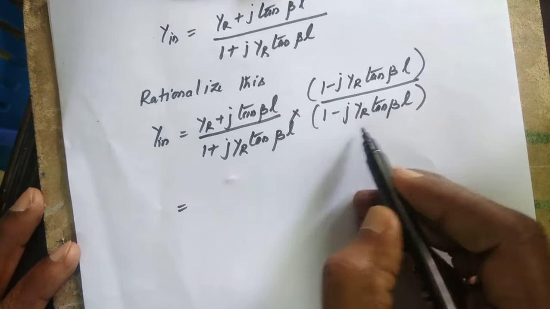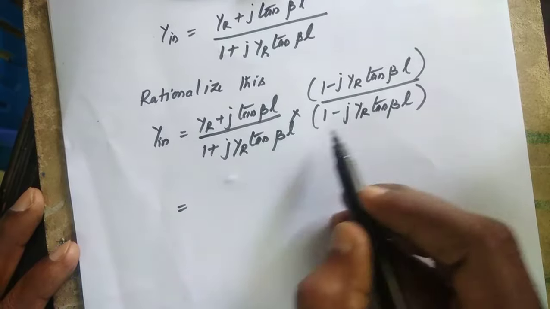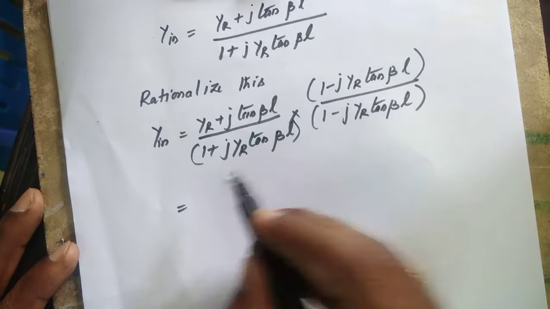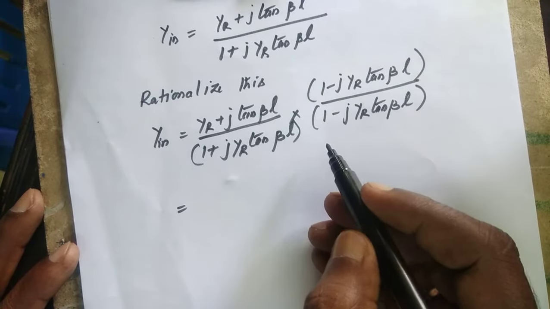In the LCM, in the denominator, we get the (a plus b) into (a minus b) formula, so that a square minus b square.